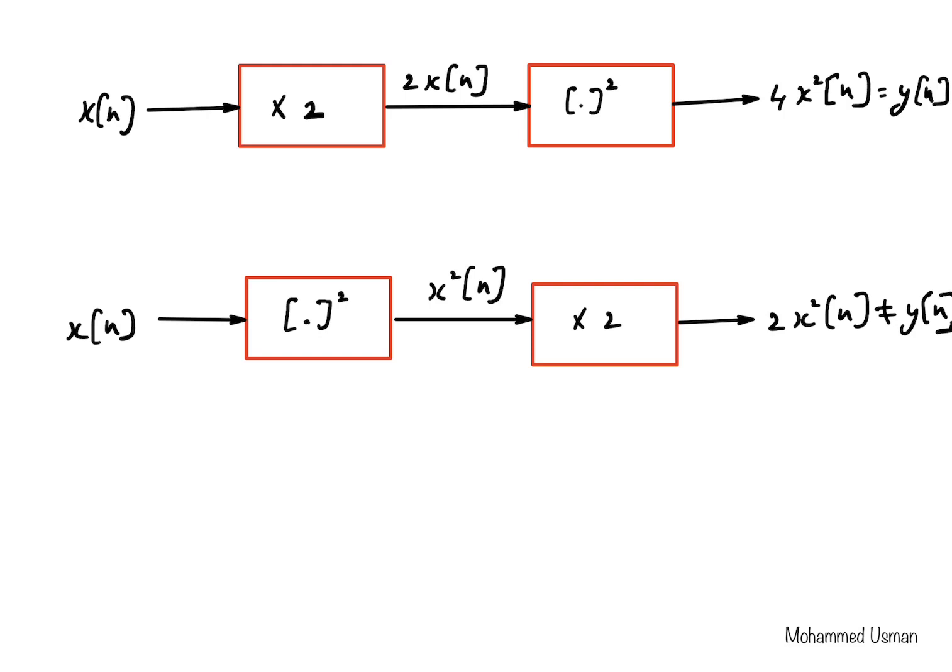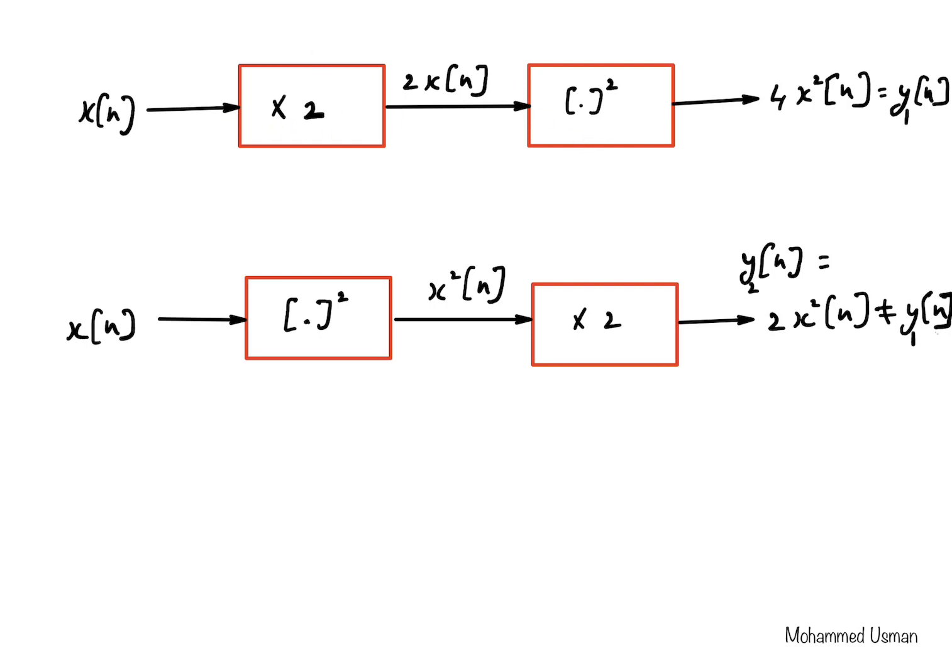Just to distinguish between the two, I'll call the first one y1 of n. This is the output of the second system, which we can call y2 of n, equal to 2 times x square of n, and that is not equal to y1 of n.